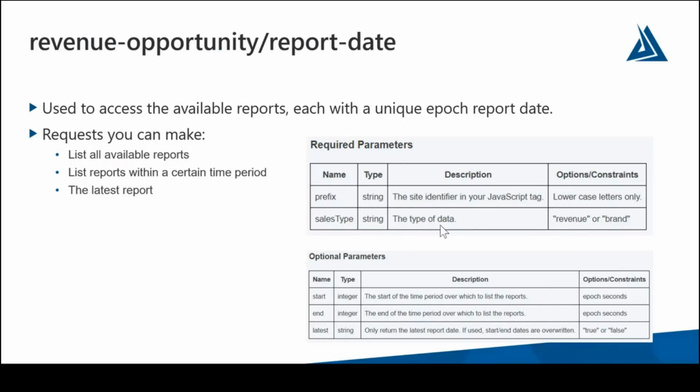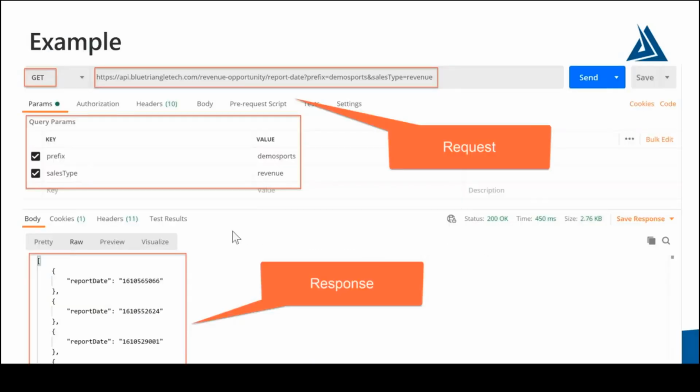So revenue is just standard revenue opportunity, but we can also do opportunity as it relates to brand conversions. For example, subscriptions or things like that where revenue isn't necessarily involved, but you'd like to track it as a conversion.